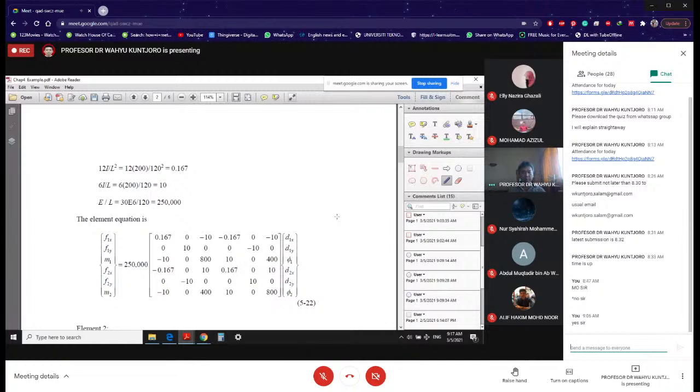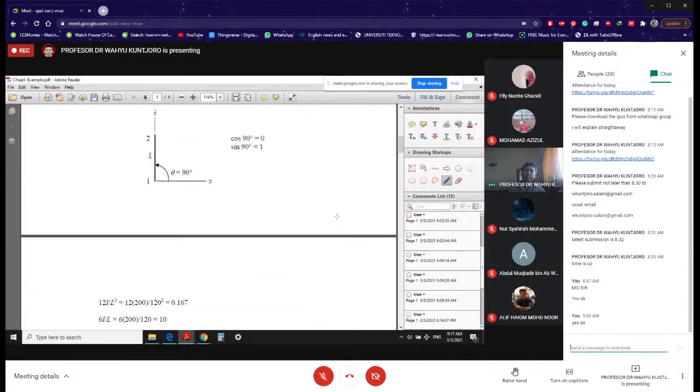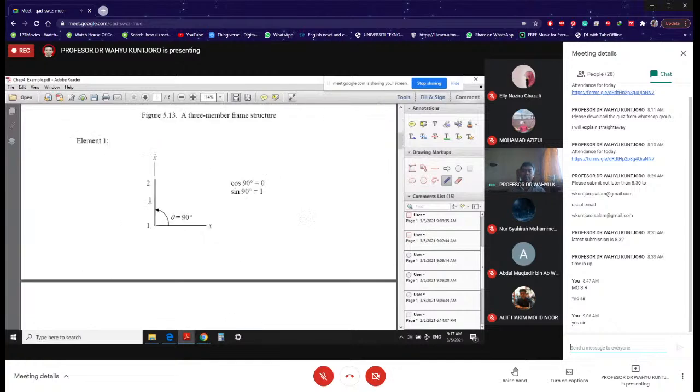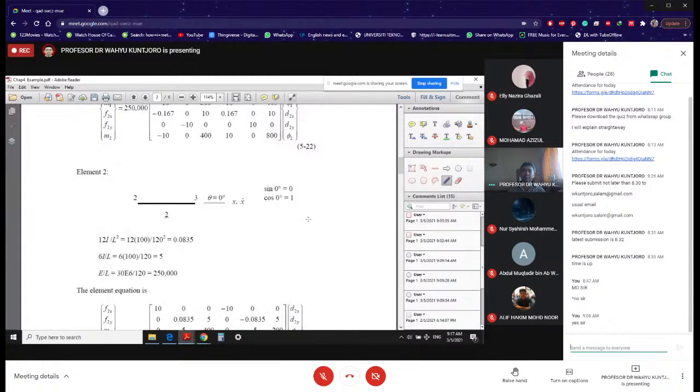All right. What about element number 2? That is our element number 2, horizontal. So that's the way I do my theta. I decided for practicality later on that the theta is going to be measured as before.